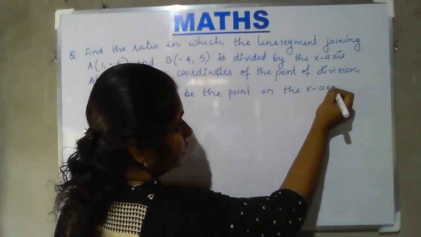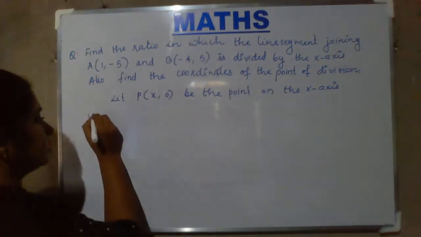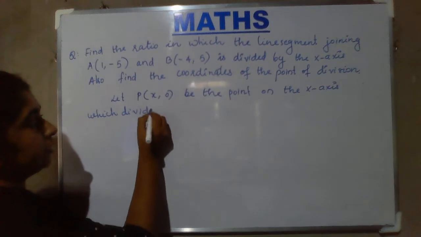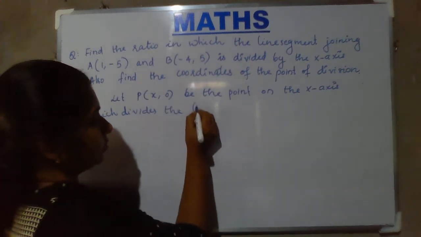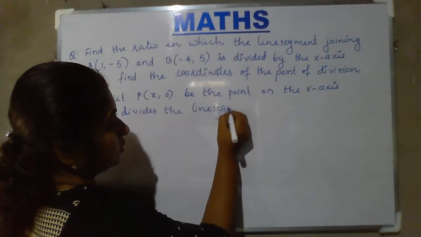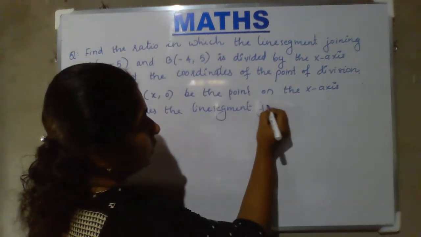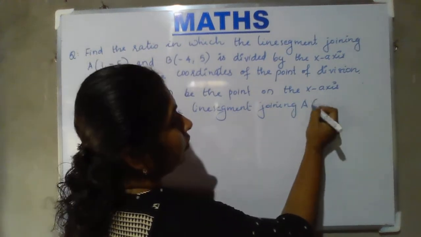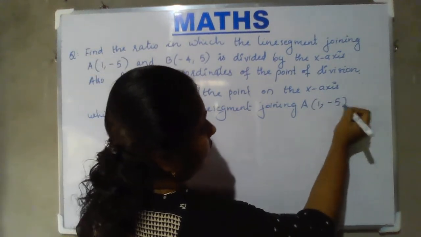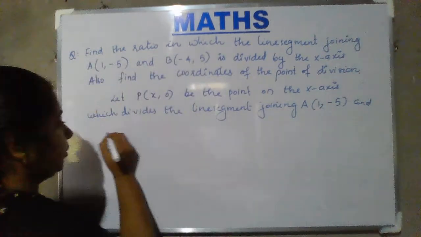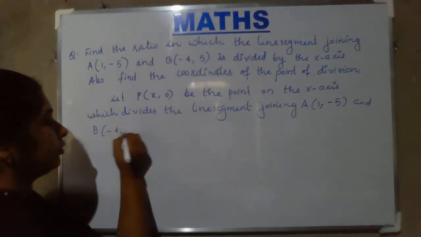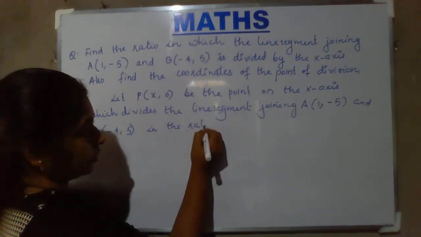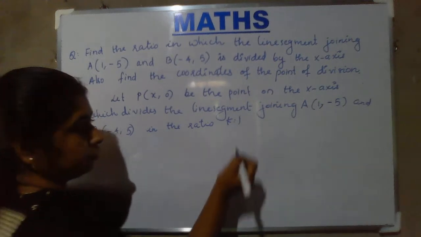The point on the x-axis which divides the line segment joining A(1, -5) and B(-4, 5) in the ratio k is to 1.